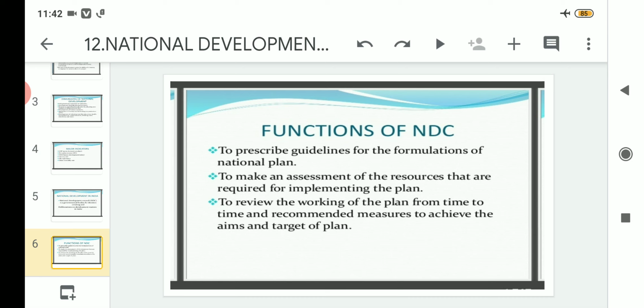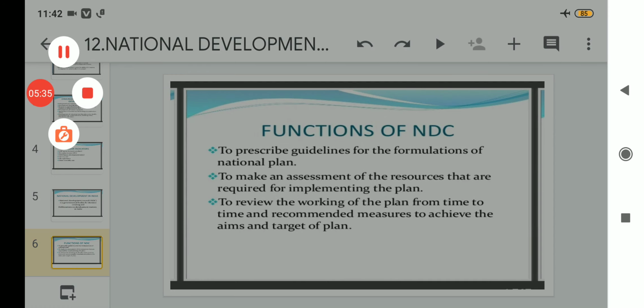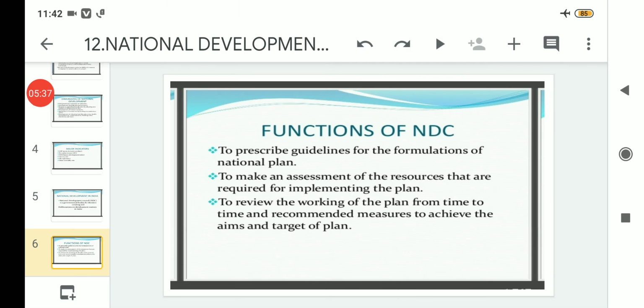Now moving on to the next part, that is the functions of NDC. That means, what are the functions of the National Development Council. Number one function of NDC is to prescribe guidelines for the formulation of the national plan. That means it will firstly take decisions according to its work, and under that it will prescribe guidelines for the formulation of national plans.